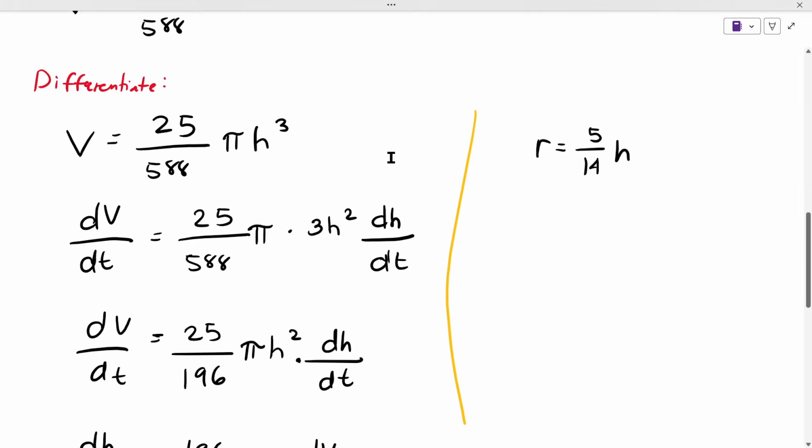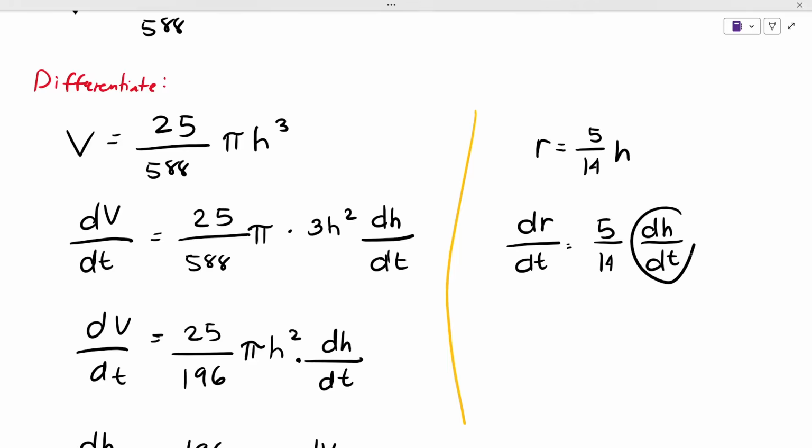If we differentiate this with respect to time, dr over dt equals 5 over 14 dh over dt. Right? Why do we use this, by the way? Since we already have the value for dh over dt, we can show the relationship of it. We can use this formula.